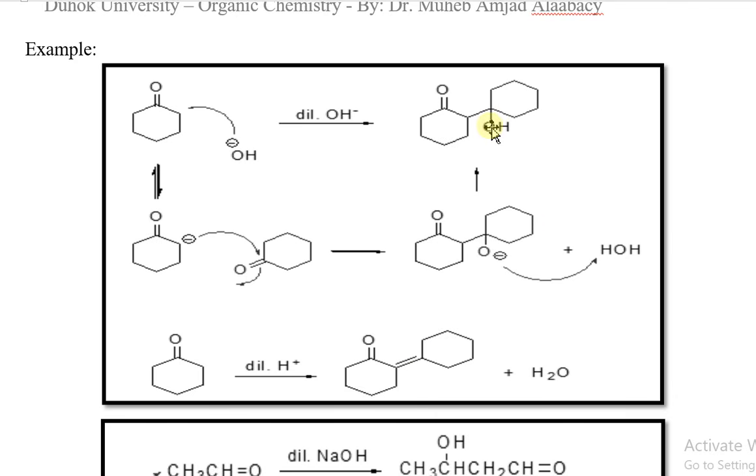It will be exactly like that. Now this will lose an H2O molecule to give you this final product. Overall reaction: you have to add two molecules of cyclohexanone to give you this product.